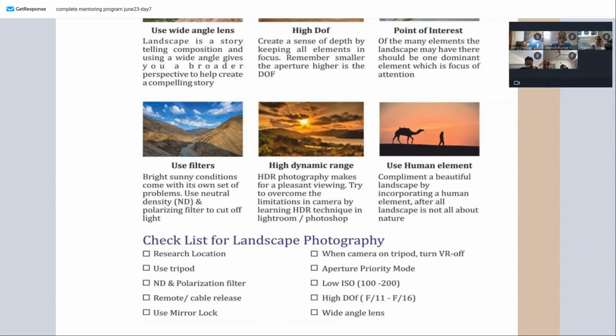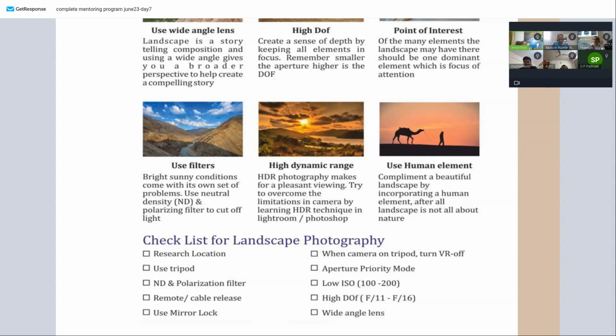Aperture priority mode. Use low ISO. Landscapes outdoors, there is no shortage of light, so use low ISOs. Use high depth of field, f11 to f16. Don't go beyond f16. Use a wide angle lens. Right. So all these things are the checklist you should pay attention to.